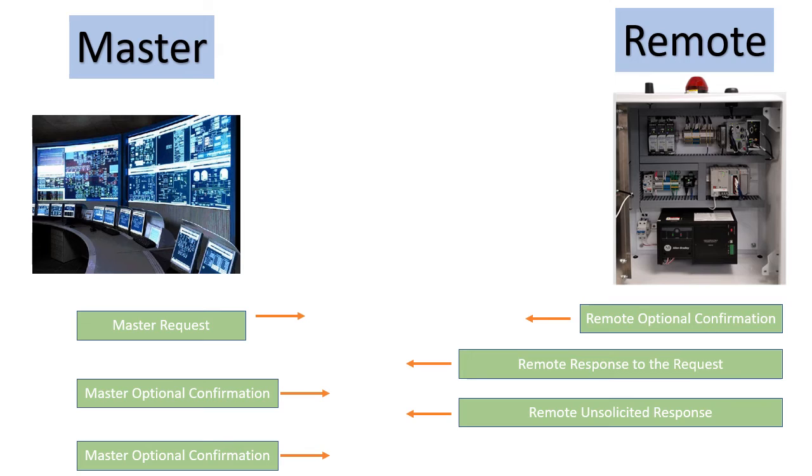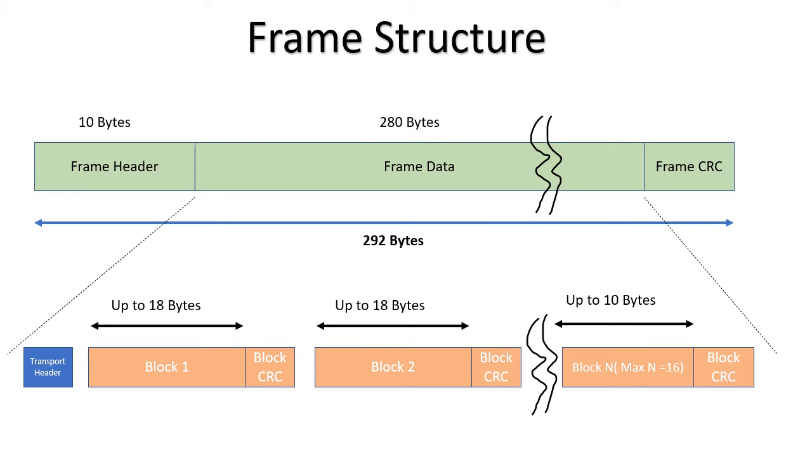Now, with the unsolicited response, the remote can send data immediately to the master, and this gives more chance for a timely response. This is particularly important for critical industrial applications, where an early response from the remote terminal can help avoid a dangerous situation or calamity. That's why DNP3 communication is very popular in the industrial sector.